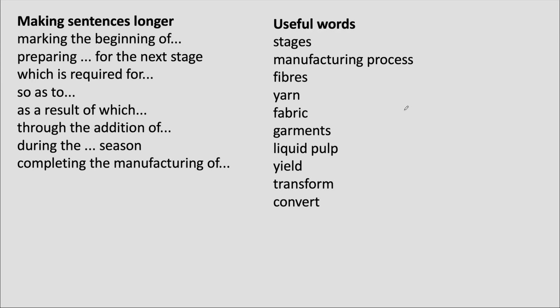And here are a few phrases that can help you write longer, more natural sentences. Using phrases like so as to, as a result of which, and through the addition of. Some of the words, such as garments and yarn, could be more specific to this process, but they can sometimes be used in other processes as well.